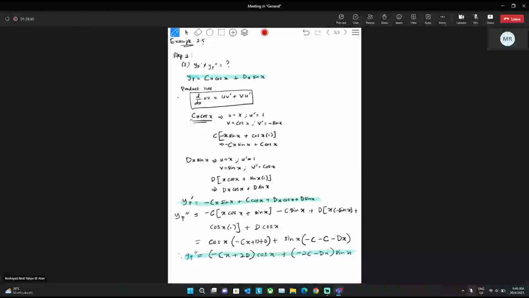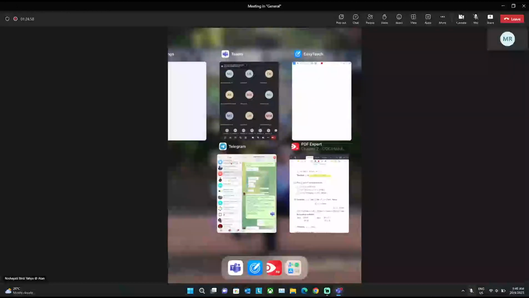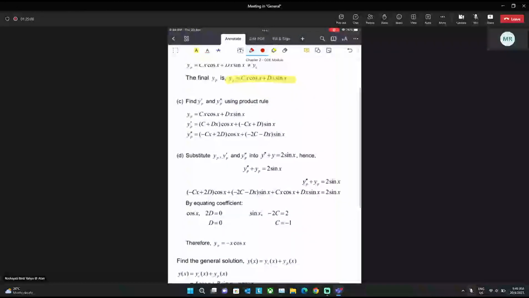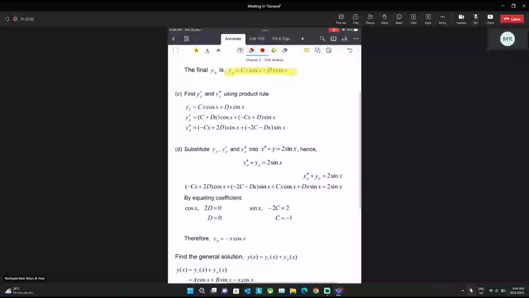After that, substitute lah. So substitute. Saya dah tak tunjuk lah sebab ni aku cakap you boleh refer yang ni. So you will get these three functions, YP, YP prime, YP double prime.